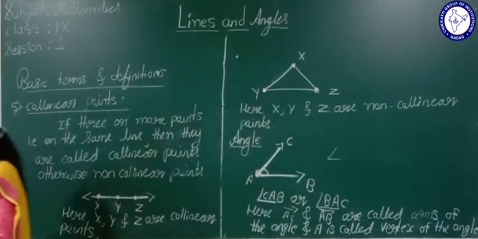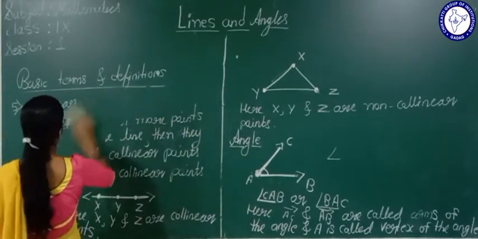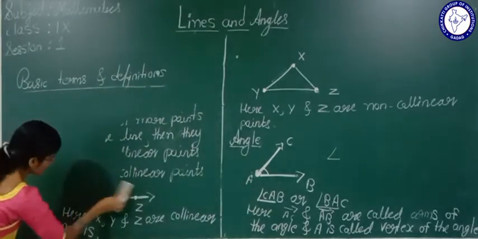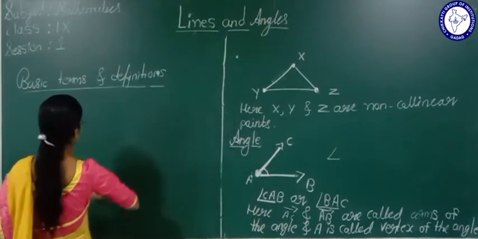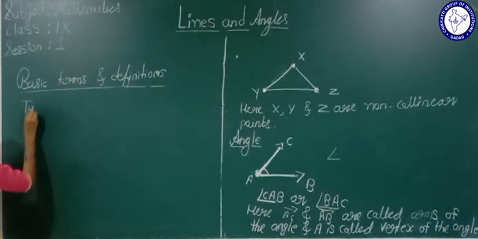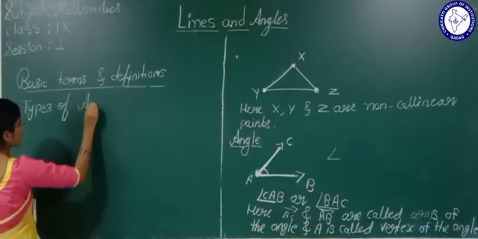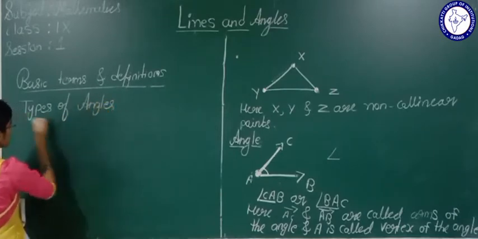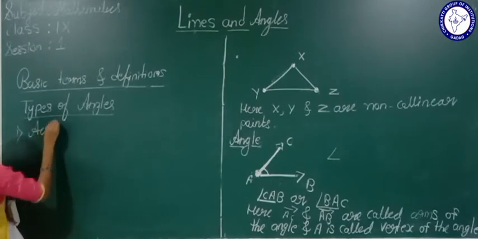Now we will see what are the types of angles. The first one is acute angle.